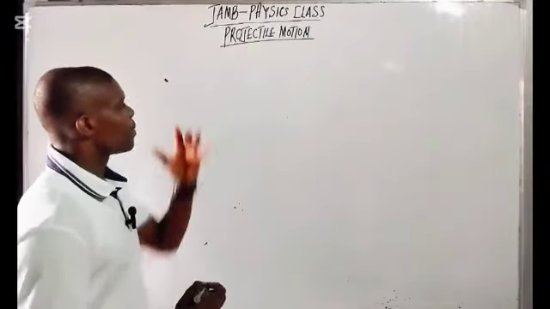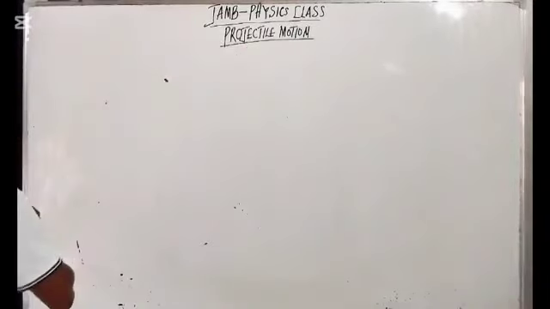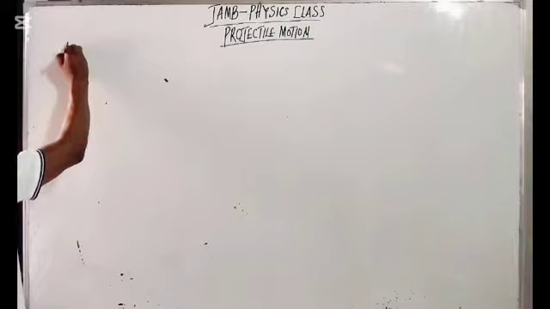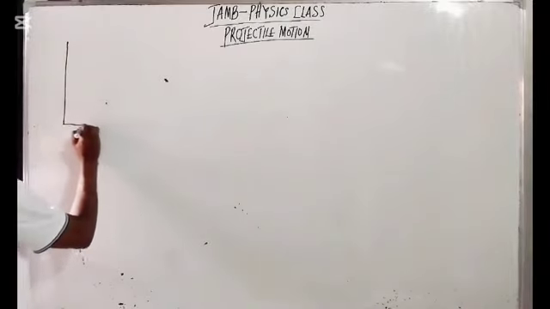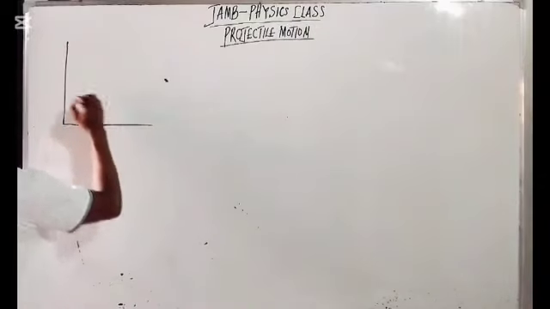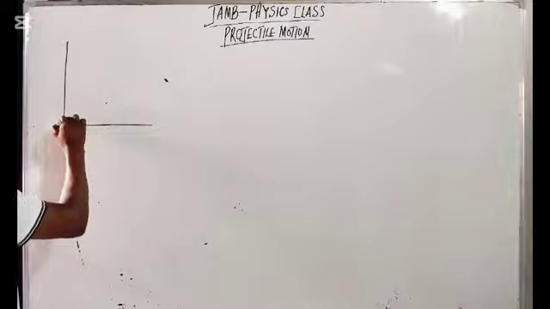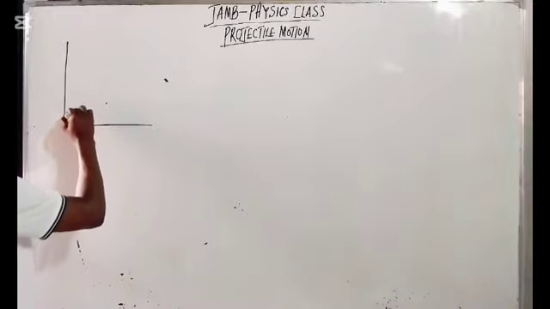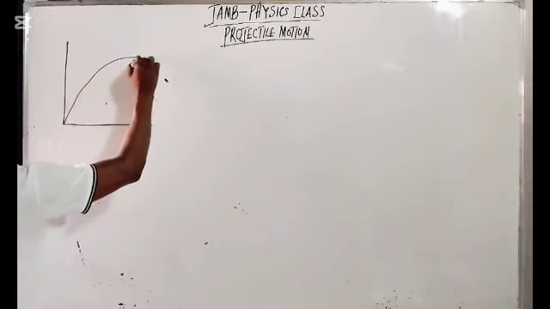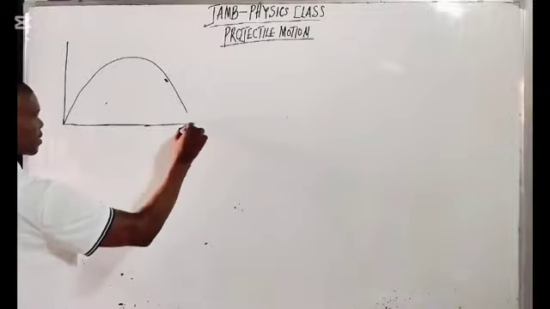So when we talk about projectile motion, it's the movement of an object in a curved path or in a parabolic path like this. Now this is the graph here. When you throw an object from here, it moves down here, right?